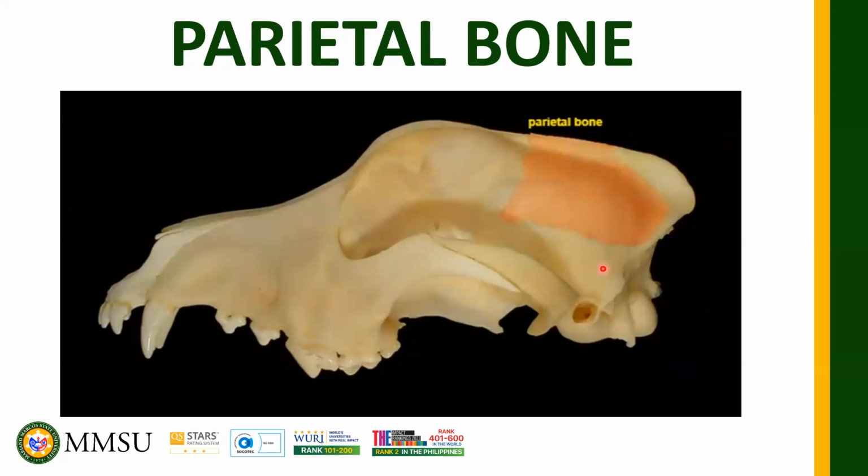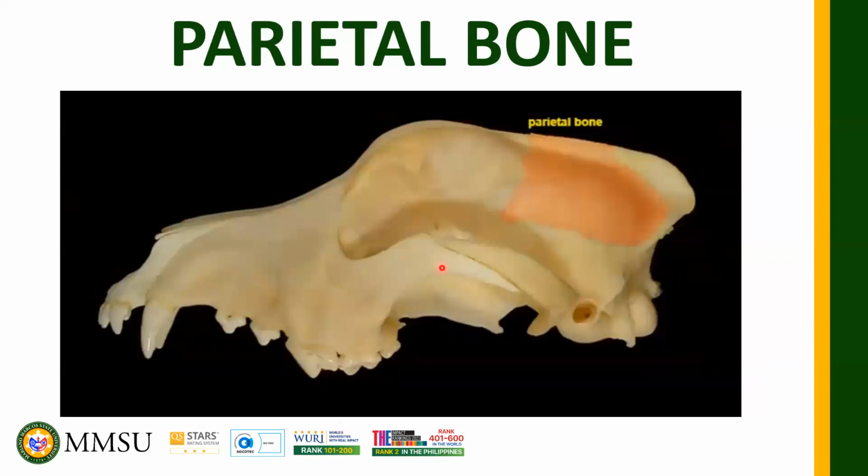Yun naman yung pinaka-general when it comes to the skull. Kasi this is the whole na skull and these are just being divided into different cranial bones. So take note na lang that one of the main functions of these cranial bones is of course to protect the brain from any external trauma, no?